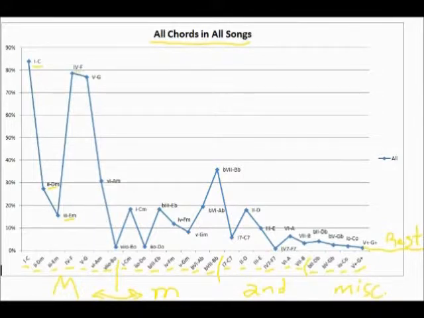And the 4 and 5 chords follow close behind the 1 chord at just under 80% of all songs, with the 5 chord a little lower than the 4. More on why that is in a couple of minutes. Here's the 6 minor chord doing his thing around 31% like a champion.